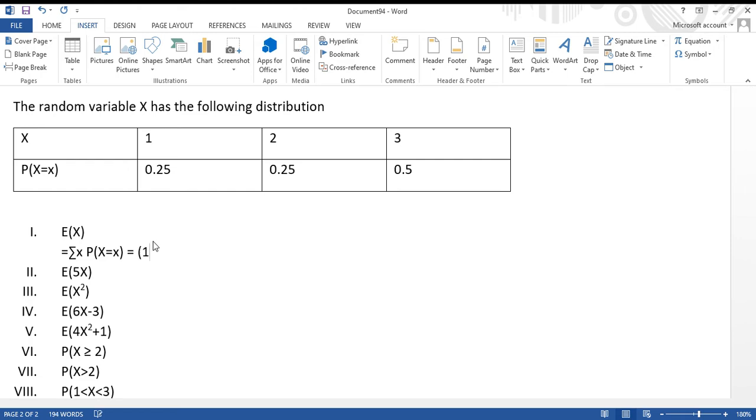So we're going to say 1 times 0.25, plus 2 times 0.25, plus 3 times 0.5.